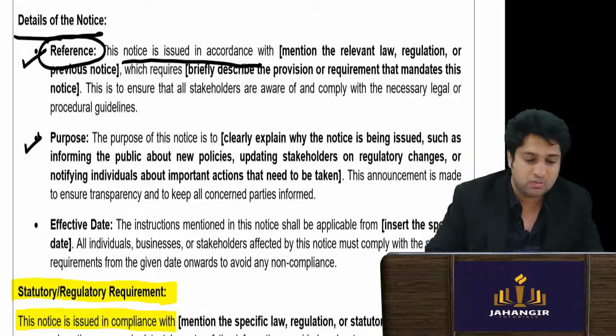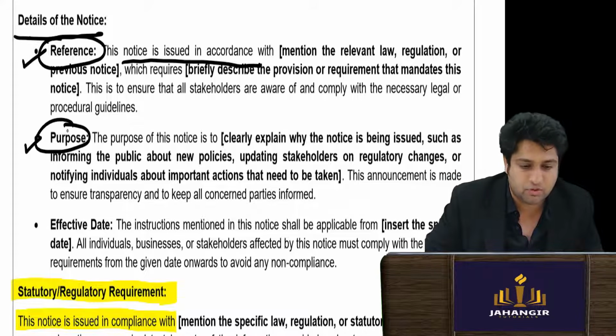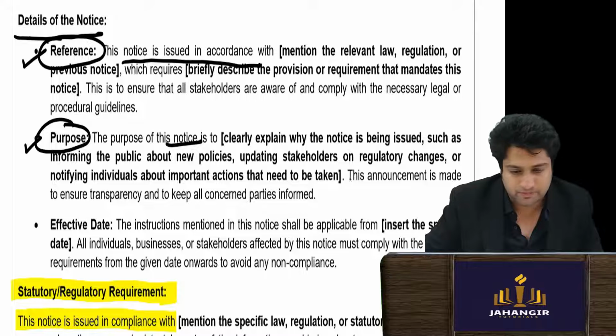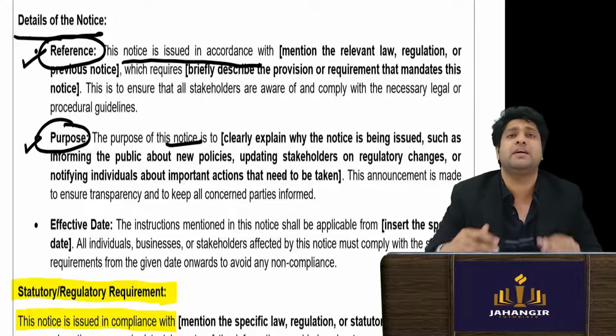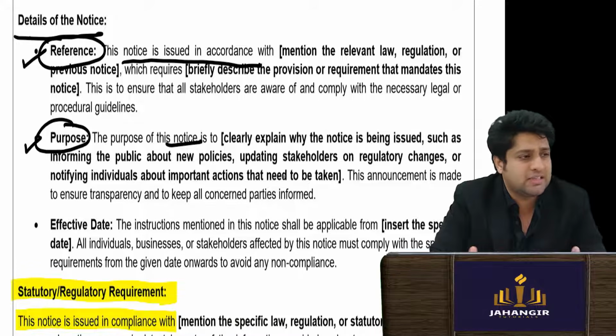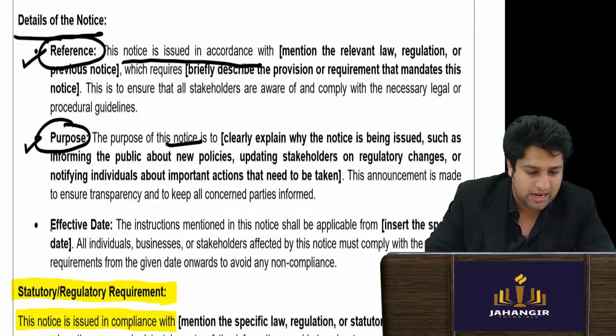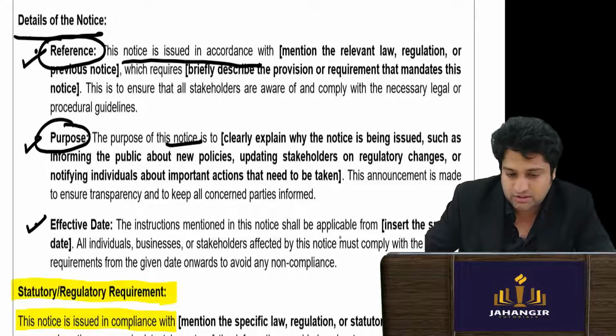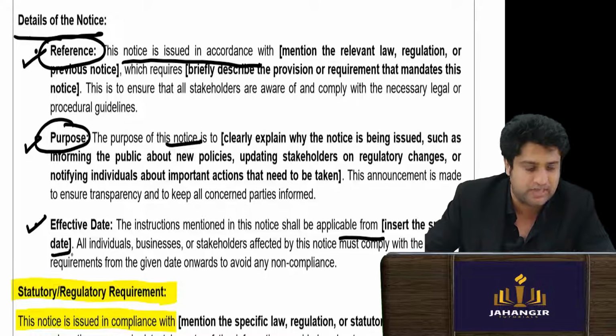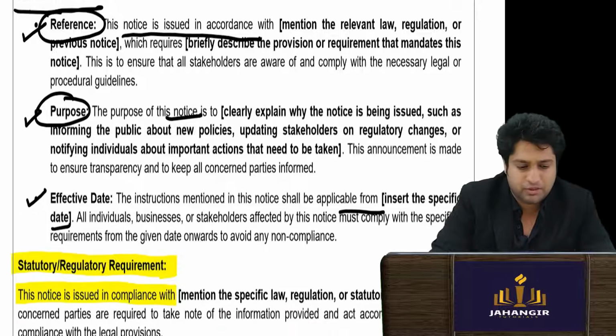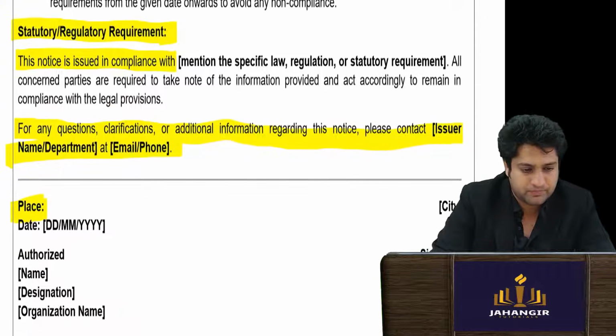Second, what is the purpose? The purpose of the notice is to update the stakeholders about XYZ change taken, or management change, etc. And if the instruction is mentioned, the notice shall be applicable from so and so date. So if there is an applicability of this notice, they will mention that.